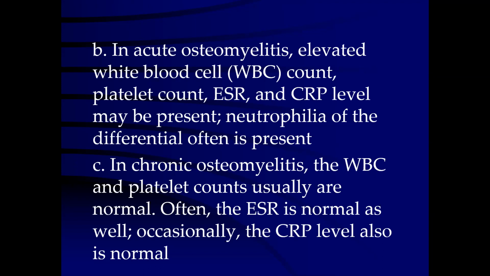In chronic osteomyelitis, now pay attention, we were speaking about acute osteomyelitis, but in chronic osteomyelitis, the white blood count and the platelet counts are usually normal. And often the ESR is normal, and even the CRP can be normal. So you have to differentiate between acute osteomyelitis and chronic osteomyelitis.